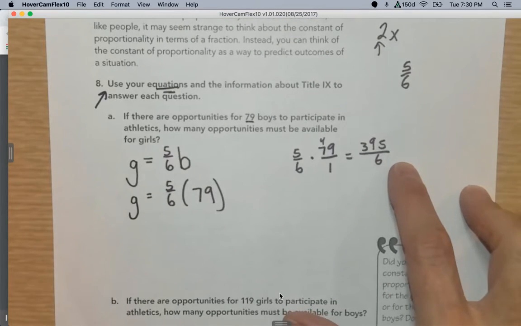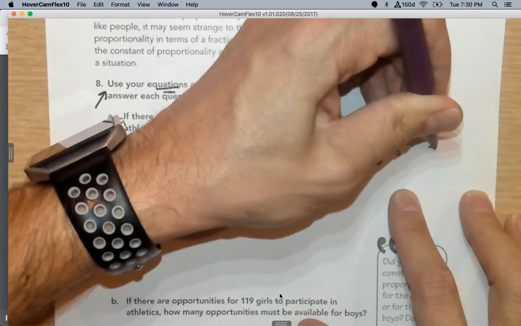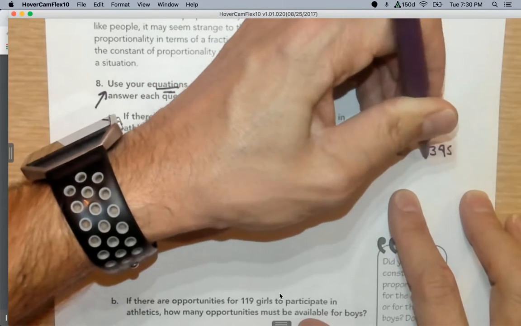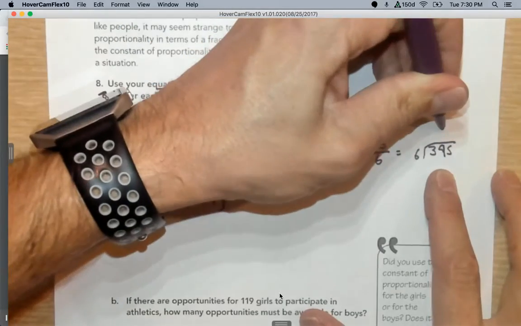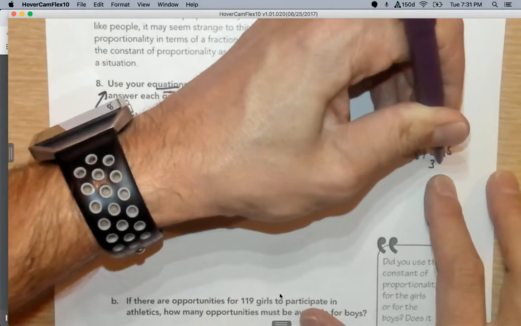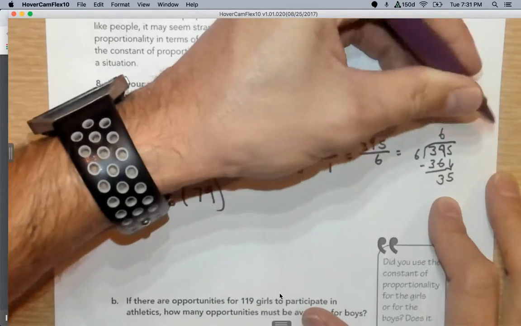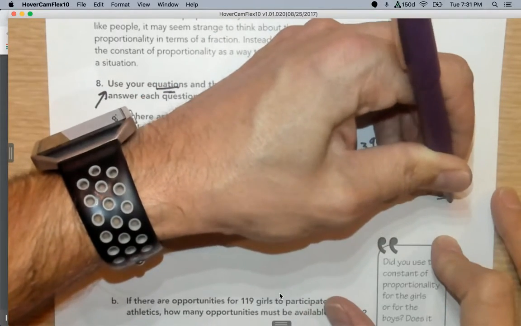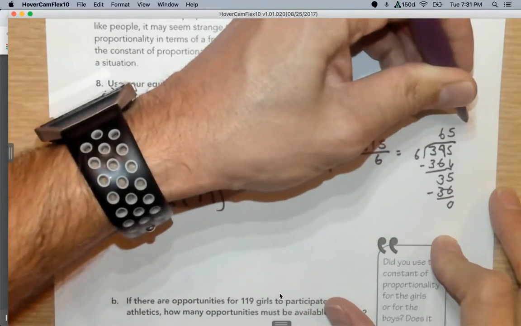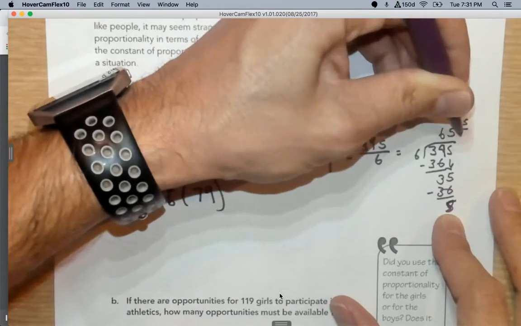So 395 sixths is the same as taking 395 and dividing it by 6. If I do that, it will go in 65 with a remainder of 5 out of 6 times.